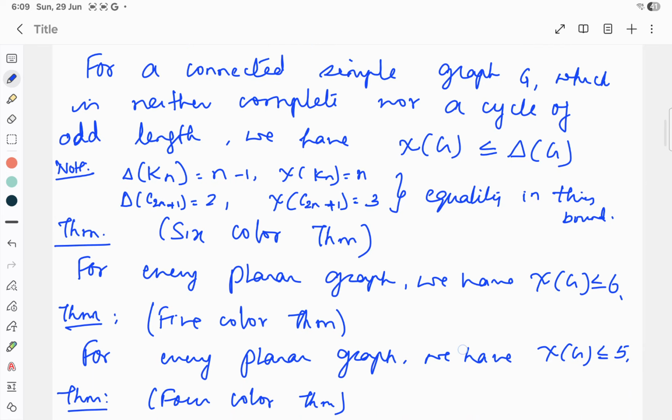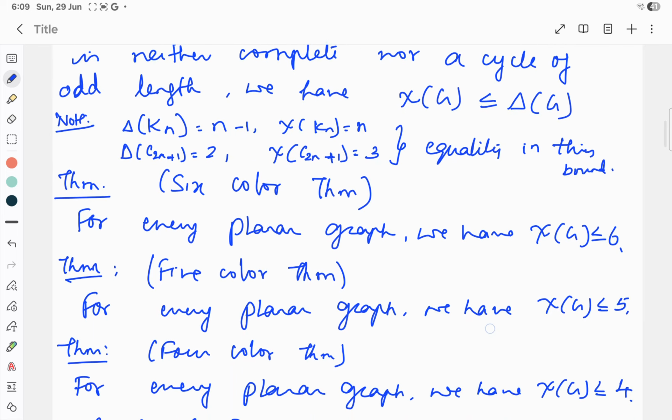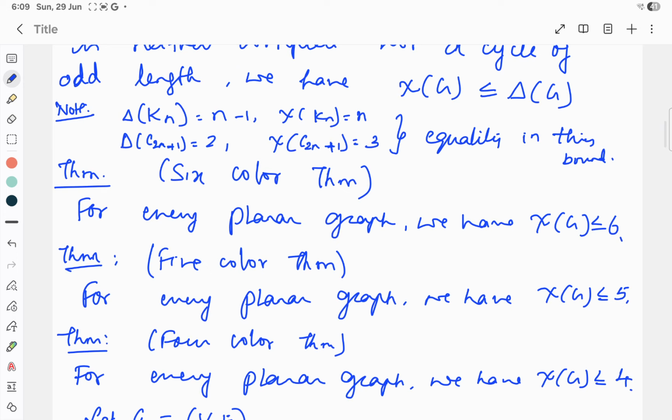Now it was proved that for every planar graph the chromatic number of G is less than or equal to 6. This theorem is called the 6 color theorem. Initially it was proved that every planar graph can be colored with at most 6 colors.